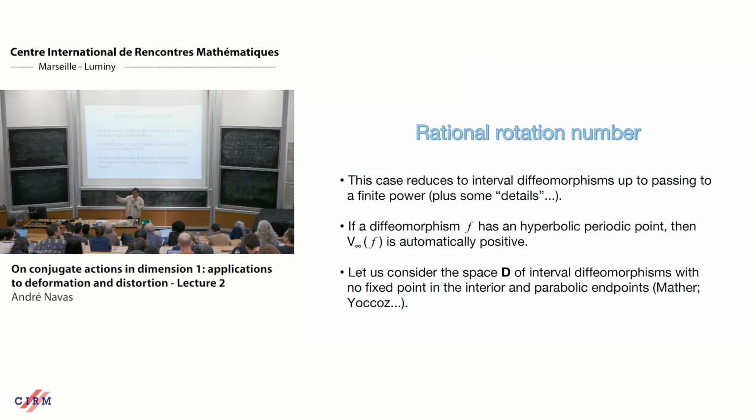Otherwise, you can decompose your manifold into pieces where you see no fixed point in the interior. And we will assume that the endpoints are parabolic. Otherwise, we already had an obstruction with the hyperbolicity. But we already knew how to kill this obstruction by composing with these continuous maps that are not differentiable.